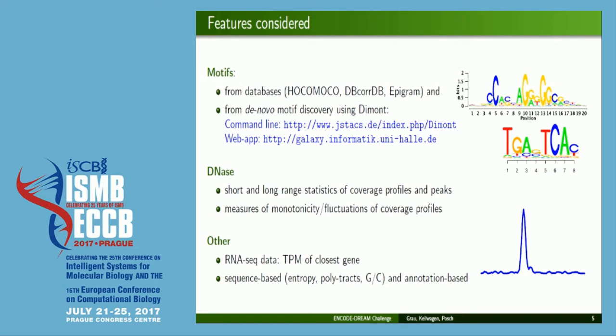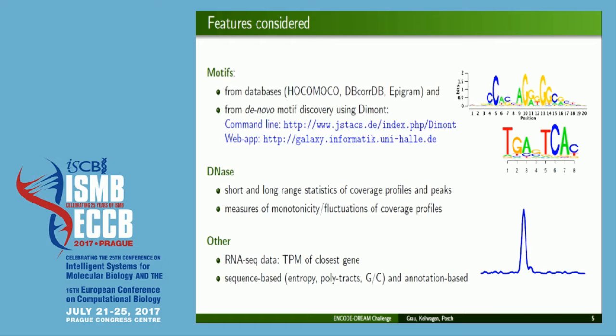In addition, we used several features derived from the DNase data provided, short-range and long-range statistics, and also statistics about the fluctuations or the monotonicity of DNase profiles.